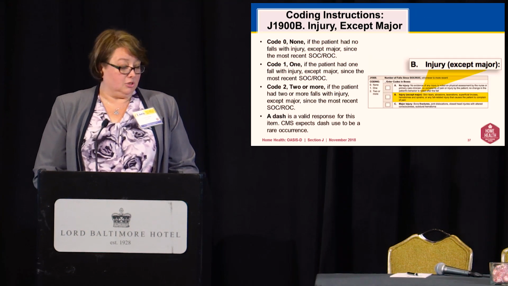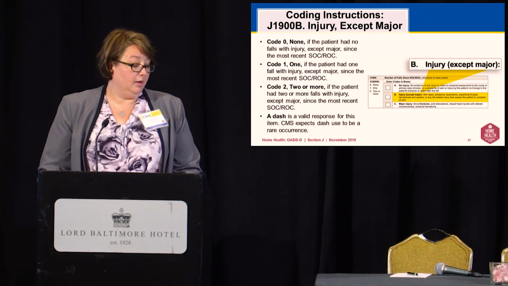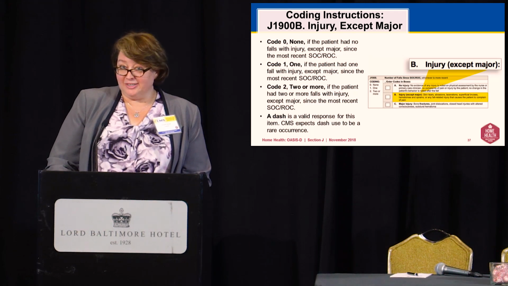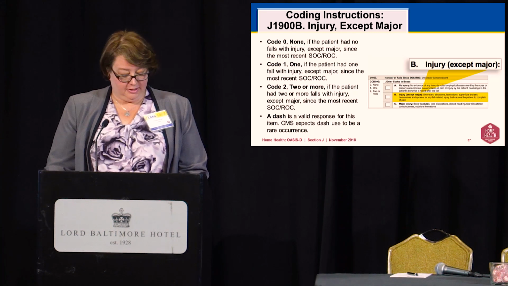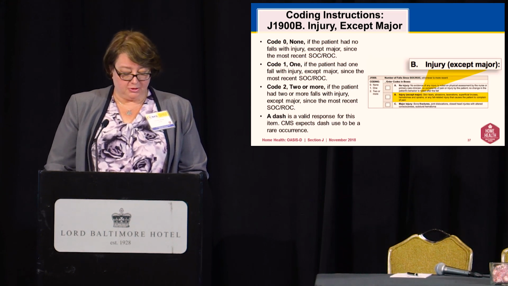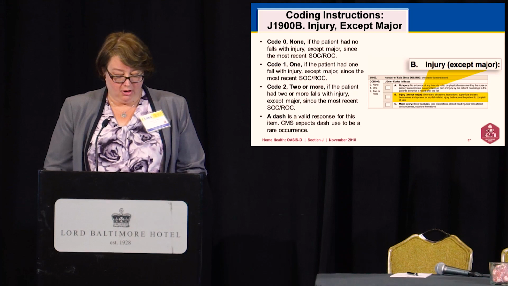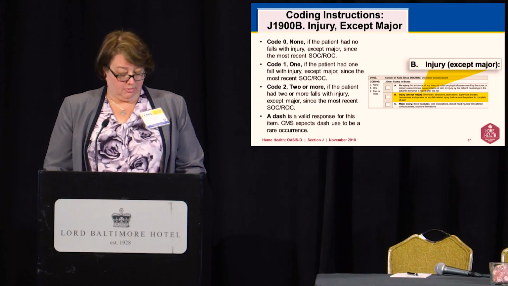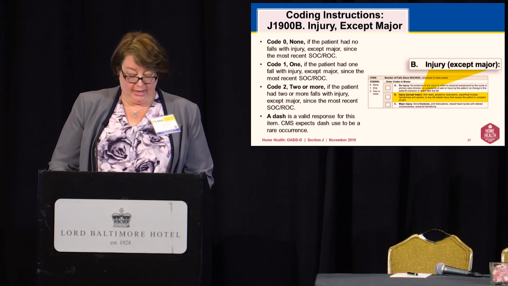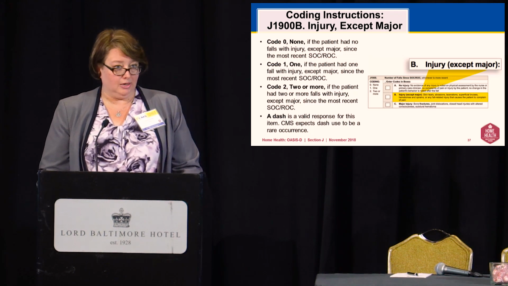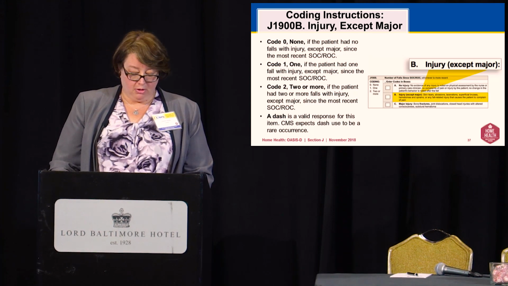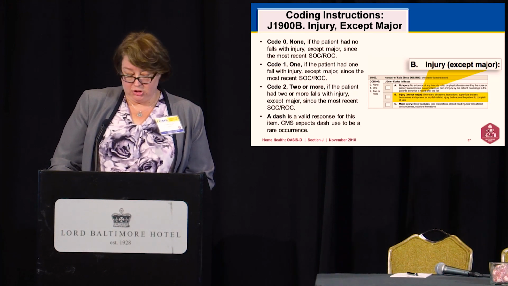Let's look at coding instructions for J1900B, injury except major. These are going to look kind of similar, but they are a little different, so let's take a look. You're going to code 0, none, if the patient had no falls with injury except major since the most recent SOC/ROC. Code 1, if the patient had 1 fall with injury except major. Code 2, 2 or more, if the patient had 2 or more falls with injury except major.